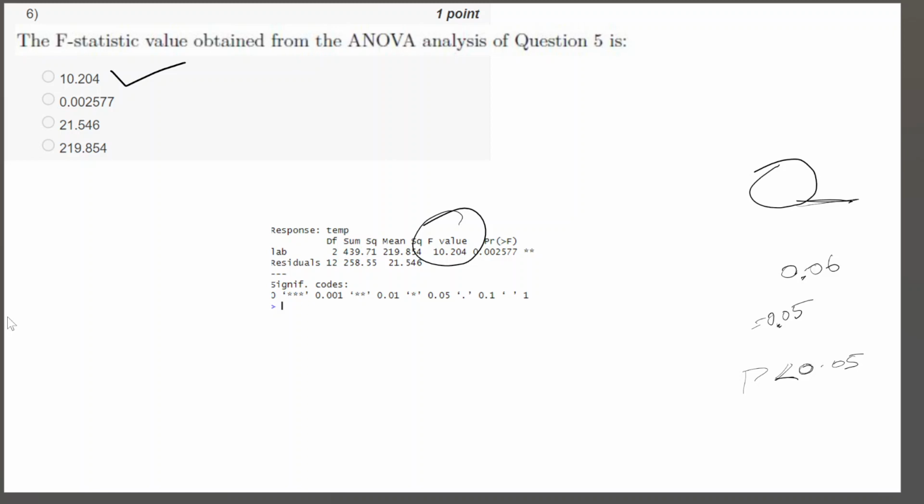And also we can say the F value is very large, about 10 times higher than the mean square of error. Hence, from this also we can conclude that there is an effect, so the null hypothesis is not valid.